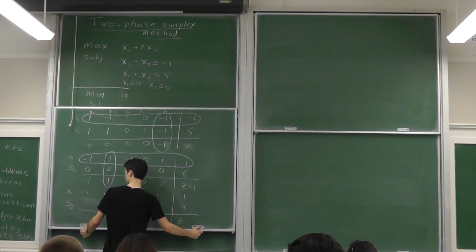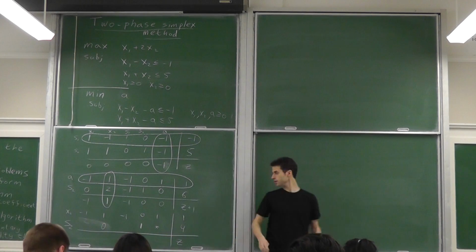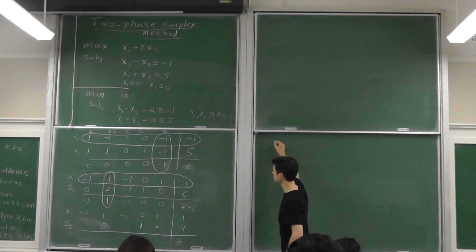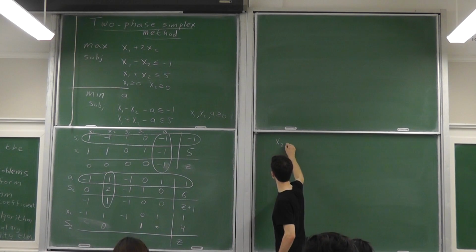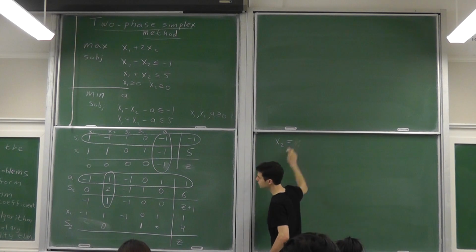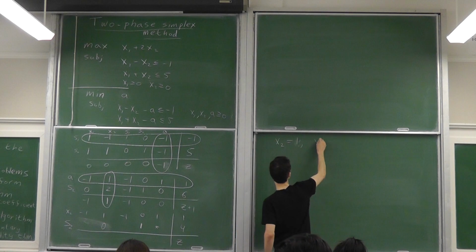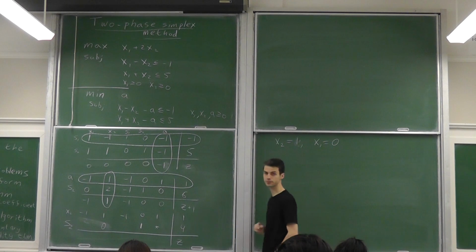So in a way, without computing the extra terms here, I can say that my optimal solution will have x2 equal to 1, x1 equal to 0. It is not basic.